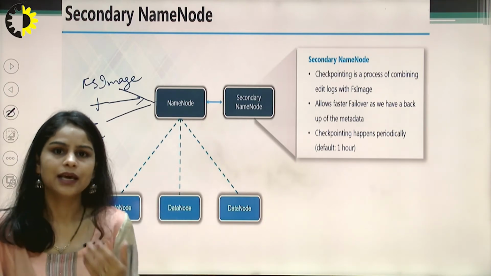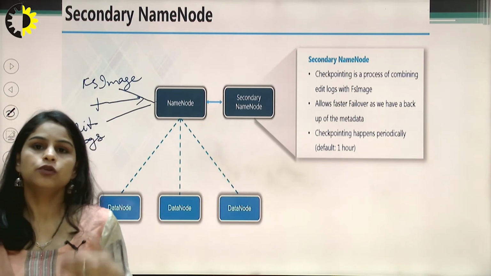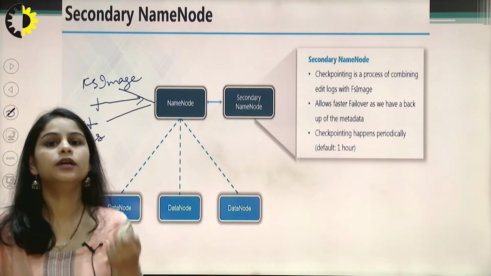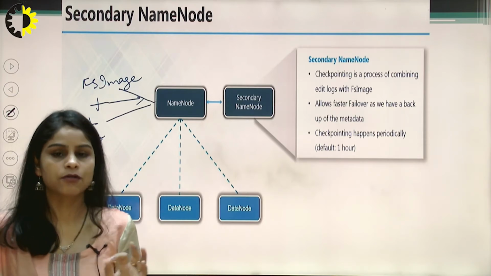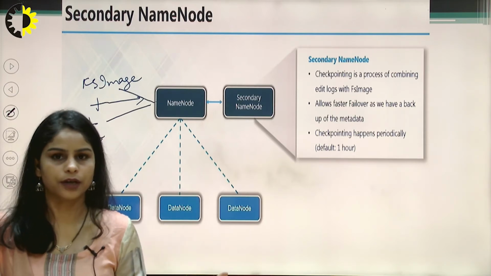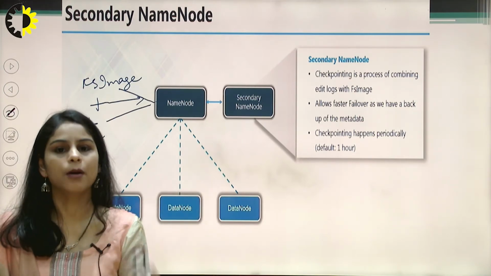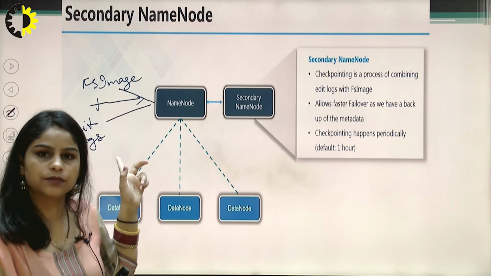So, basically, the functionality of secondary name node is to perform a function called checkpointing. And what is checkpointing? Checkpointing is a process of combining these edit logs with FS image.